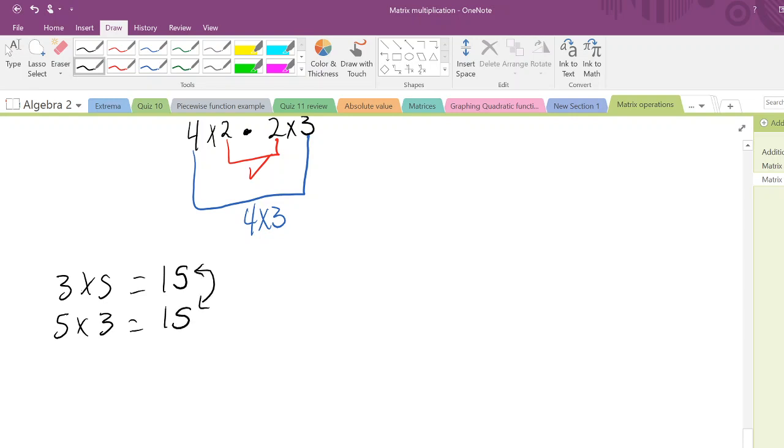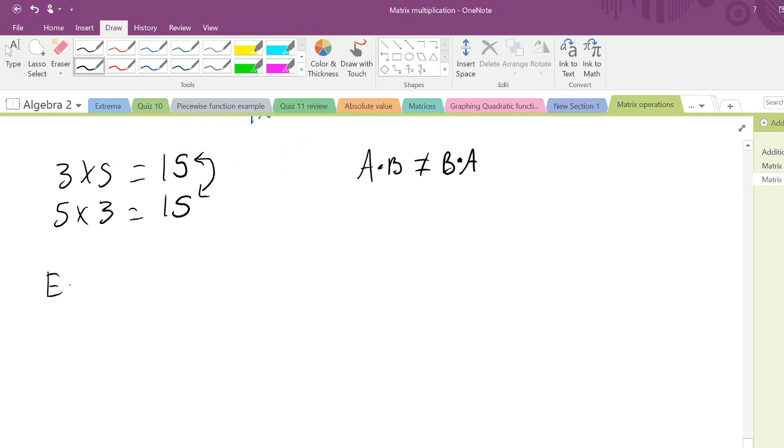That means that no matter what you do, if you put the 3 or the 5 in front, they'll give you the same answer. This is not going to be the same thing for matrices. A times B does not equal B times A. Just because you find the multiplication of matrix A times B, it doesn't mean that B times A is going to be the same thing. And I'm going to show you what I mean by that. So let's look at an example. I'm just giving you a heads up.